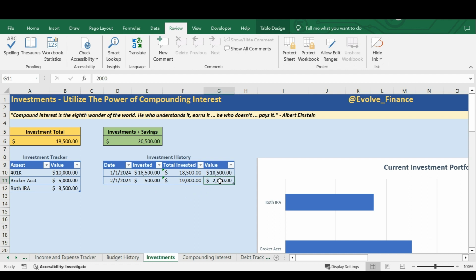Now, each month you need to manually update the value of the investments that you have. So for example, let's say a month has gone by and, I'm just making up numbers, let's keep it easy. Let's say this has gone up to $11,000, this has gone up to $6,000, and this has gone up to $4,000. Okay, now my total is $21,000.